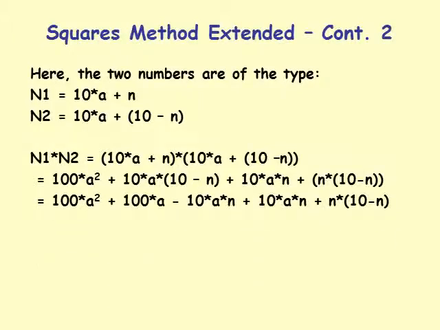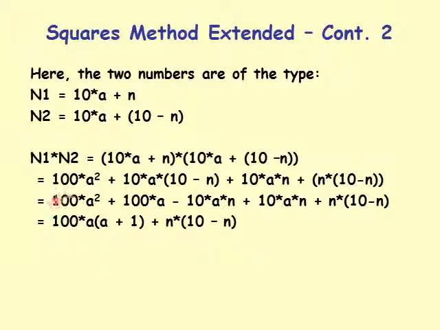Let's continue. So we have 100a squared, plus this term gives me 100a, and 10a times minus n gives me minus 10n. We had a plus 10an, and this is minus 10an, and the last term was n times 10 minus n. These two cancel out, and from here I can extract 100a as a factor.